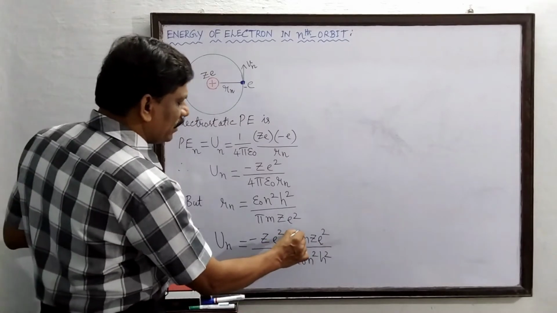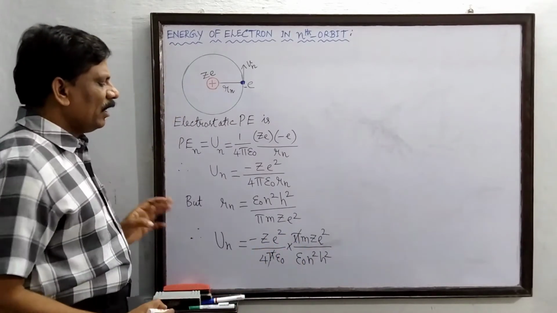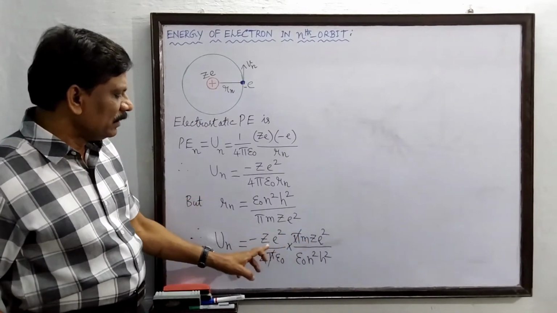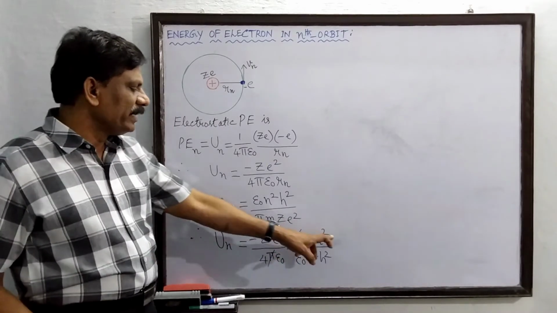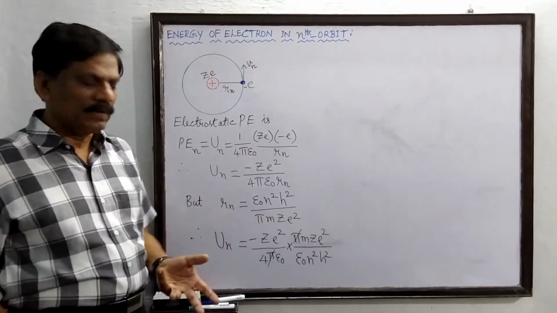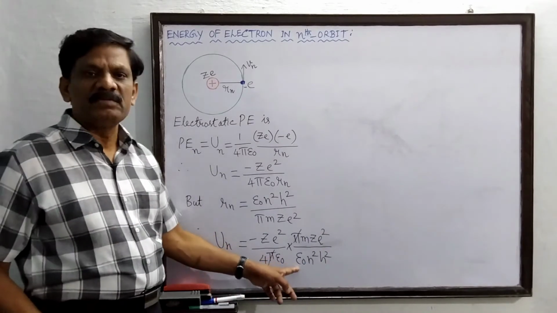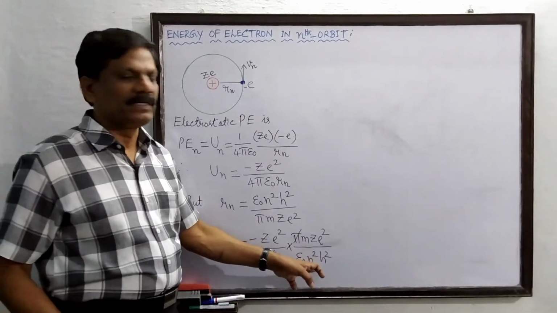So, this pi term gets cancelled. All other terms you see here: m is there, m power 1. Then Z into Z will become Z square. Then e square into e square will become e power 4. In the denominator, 4 into epsilon naught will be 4 epsilon naught whole square into n square h square.